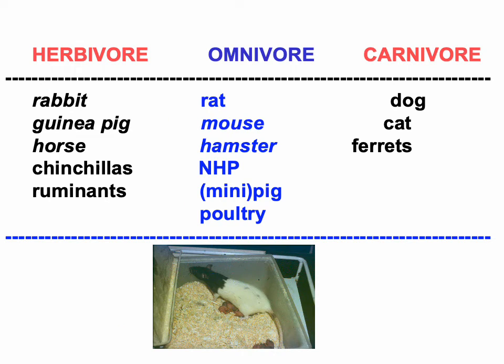But at the first glance we can make a classification according to the main feed sources, like herbivore, like rabbit, guinea pig, omnivore, like rat, mouse, non-human primate, pig and poultry, and carnivores like dog, cat and ferret.